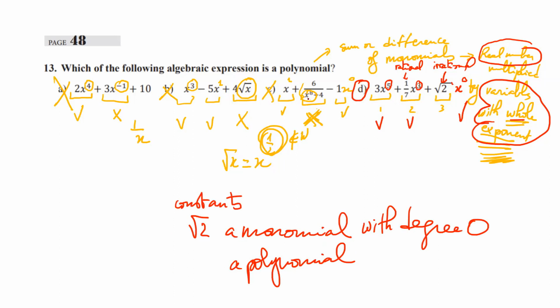Okay, this is not a polynomial because the variable is in the denominator. This is not a polynomial because the variable is inside the radical. This is not a polynomial because the variable has a negative exponent, which means it's in the denominator.